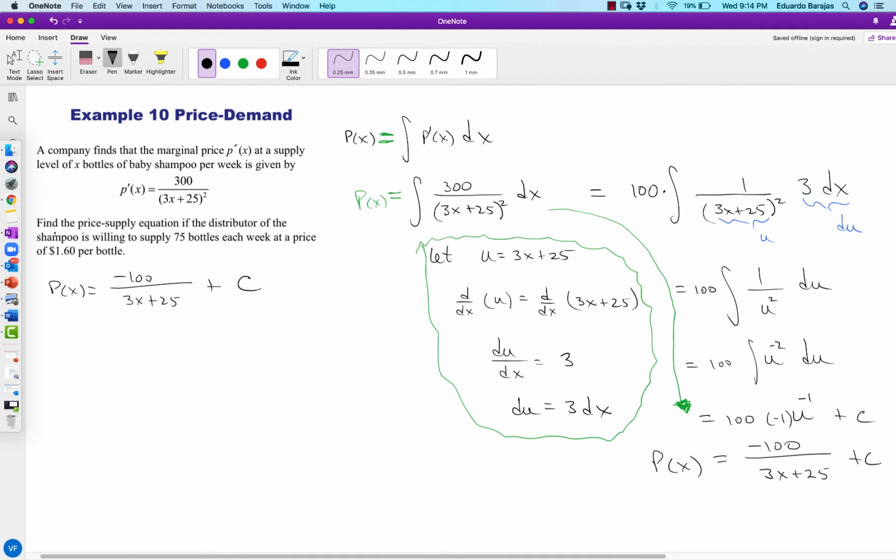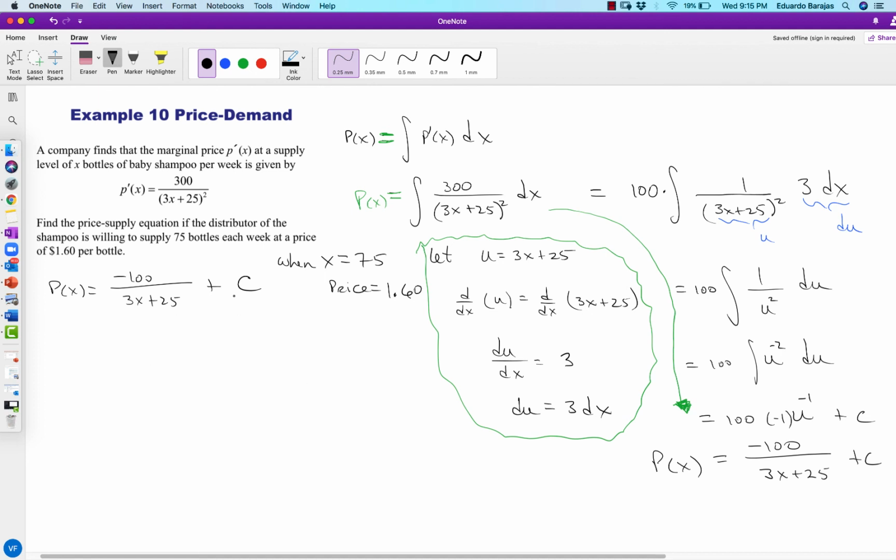And now we get to use this other information. We're told that the distributor of the shampoo is willing to supply 75 bottles each week at a price of $1.60 per bottle. So we have that when x equals 75, the price is $1.60.